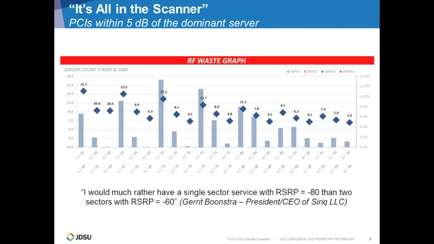In the end, he adamantly shares that he would much rather have a single sector with a serving RSRP of -80 dBm than two sectors with an RSRP of -60. Jarrett points out, and you can see clearly in this graph, that even though you have strong signals, when you have two of them, your SINR and quality greatly decrease when multiple sites are competing for the same space.